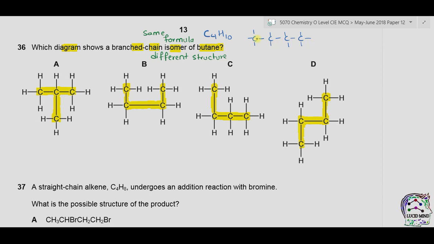As we had 4 carbon atoms, 10 hydrogen atoms, and all carbon atoms were in one chain, a straight chain, while in this one we have 4 carbon atoms, we have 10 hydrogen atoms, and we have a branched chain, so therefore A is correct. Answer is A.